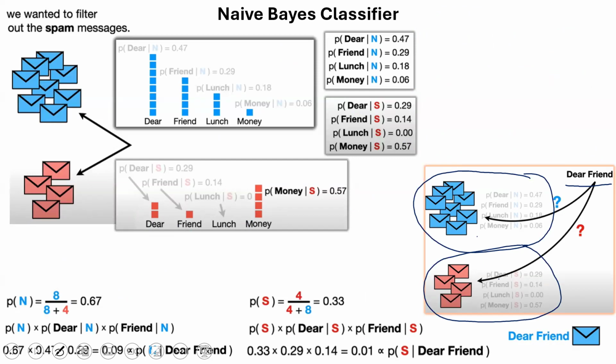So what you want to find out is the probability of spam given a message. What is the message that is given? "Dear friend." That is what you have to calculate. Now this turns out to be probability of message given spam into probability of spam. The message here is "dear" and "friend".